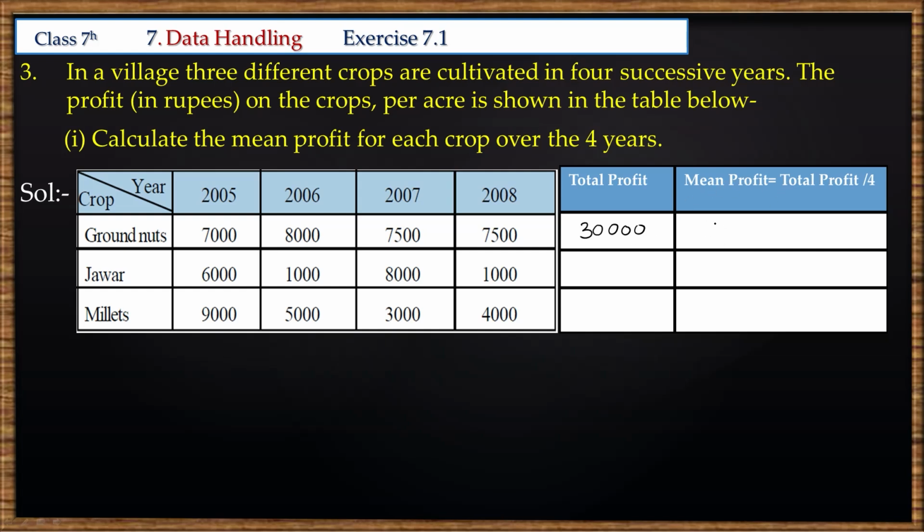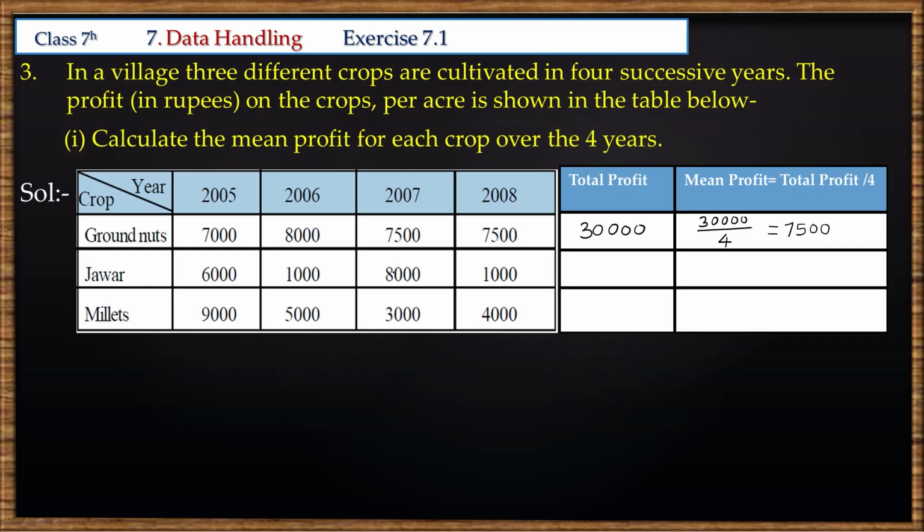Then mean profit is equal to 30,000 divided by 4. If we divide in the 4 table, 4 7s are 28 and 30 minus 28 is 2. It will become 20. 4 5s are 20. 4 0s are 0. 4 0s are 0. This is 7,500.